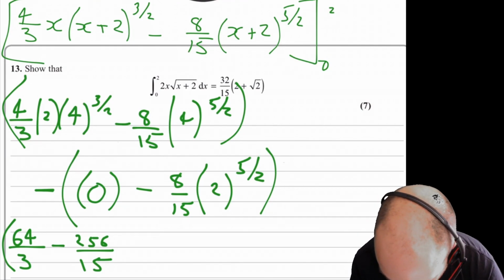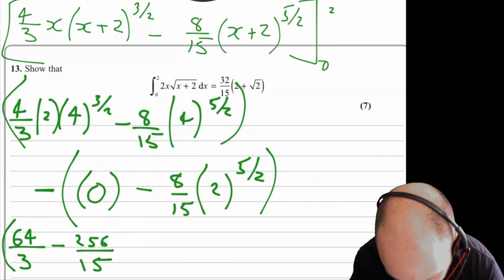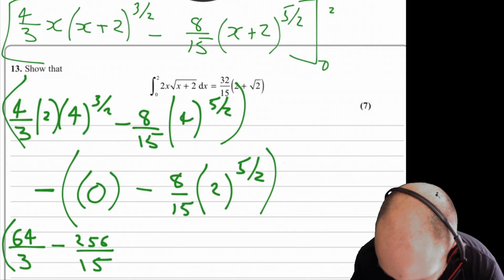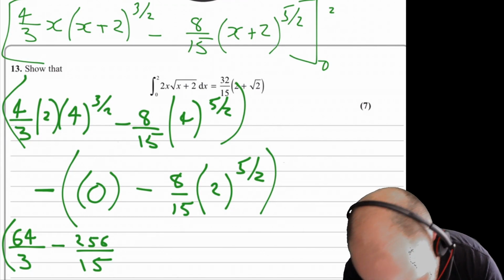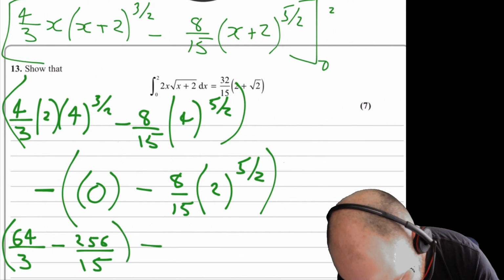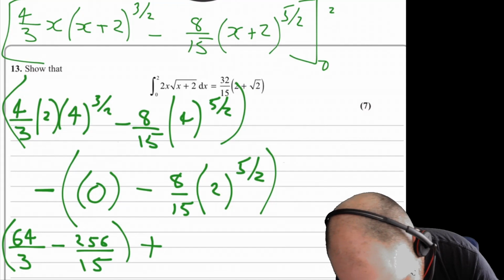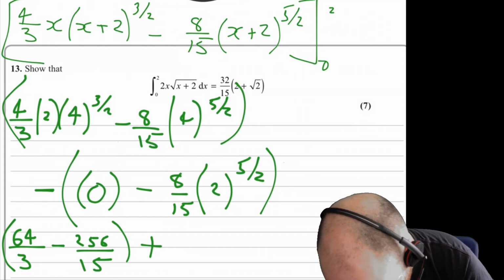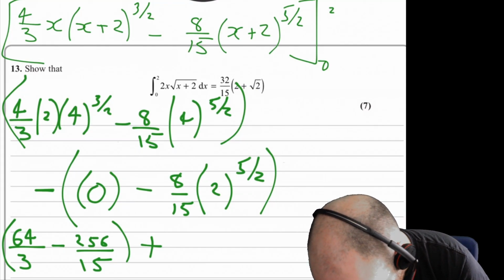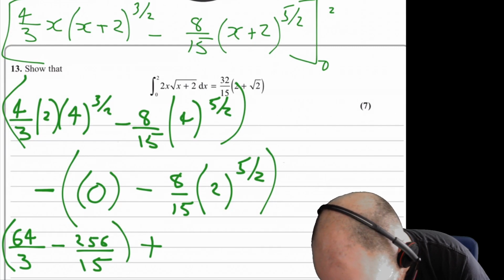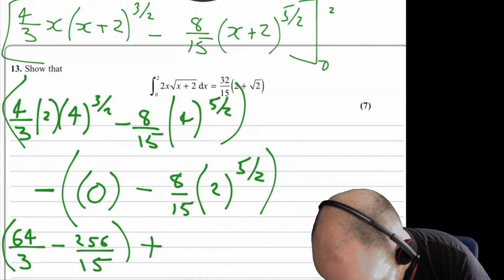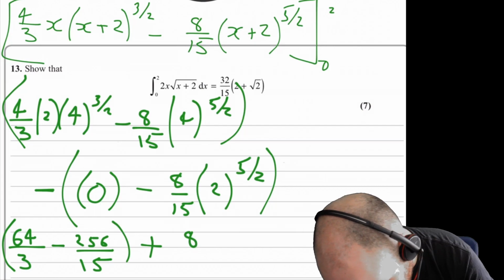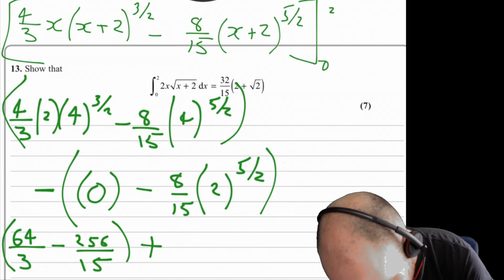Is that right? 4 to the 2.5 times 8. Yep, cool. And that's going to be subtracting, or adding, in fact, 2 to the 5 over 2 times 8 over 15, which is 32 root 2 over 15.